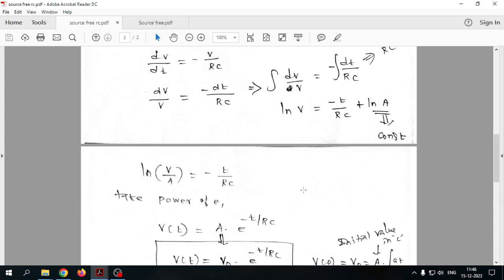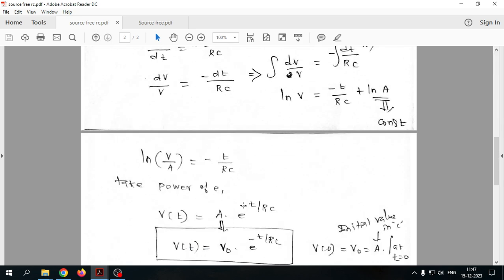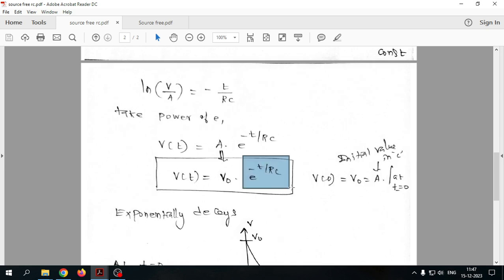So what we have identified in a source free RC circuit is, whenever there is no source, which means the source is suddenly disconnected from the circuit, the energy stored in the capacitor starts discharging through the remaining elements. The rate of discharging is in terms of e power minus t by RC.